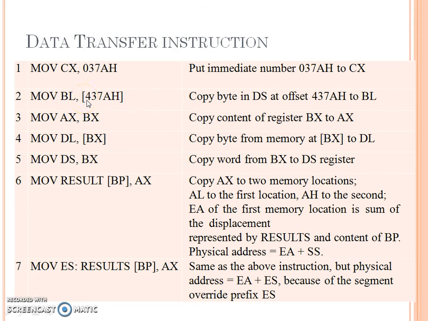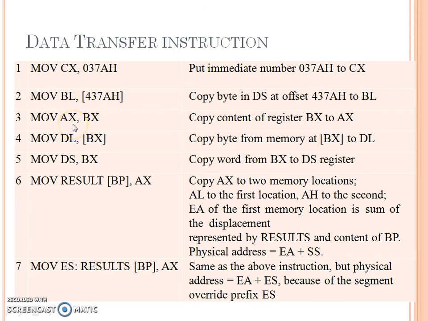This will copy a byte in DS at offset 437AH to BL, because it is BL we are going to copy the byte. Next, MOV AX, BX, that is we will copy the content of register BX to AX.